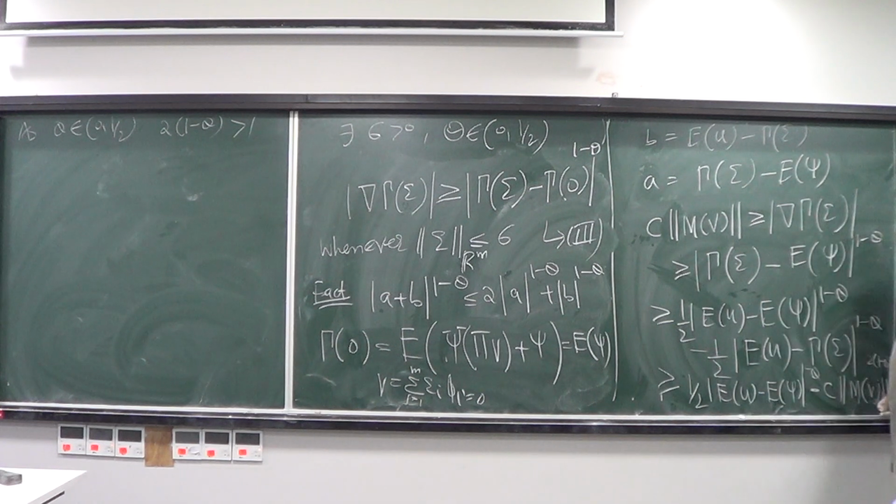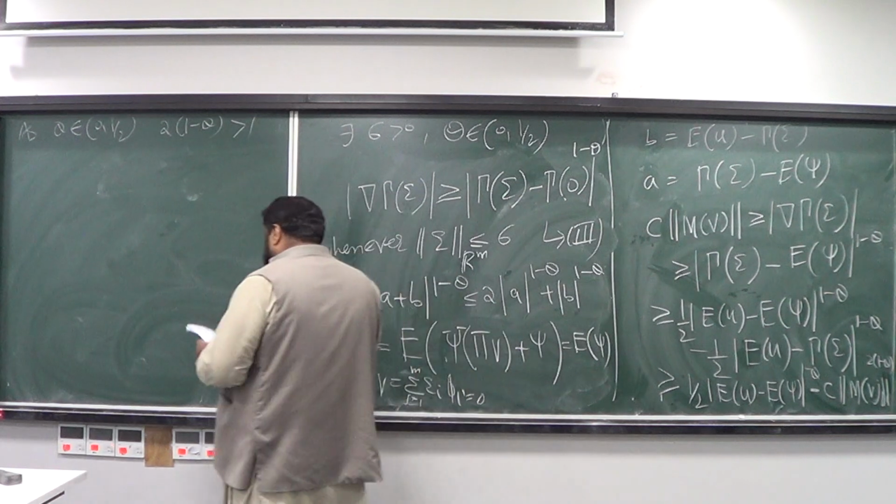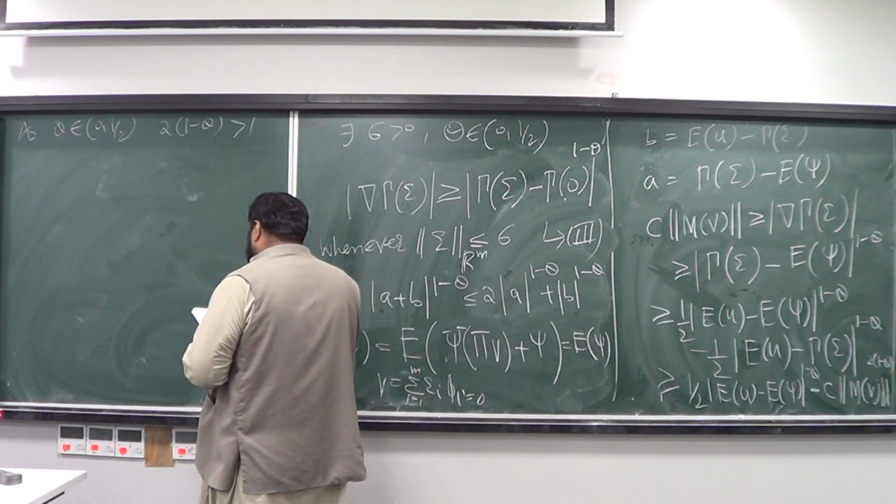Now this is minus c m of v to a power that is positive. So if you wish, you can get rid of this term. In other words, if you drop this term, the inequality will still hold.